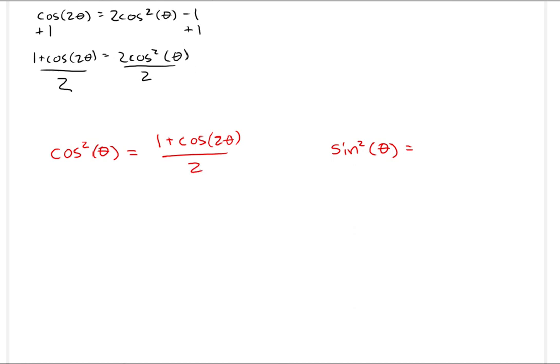And then the sine squared also comes from my double angle formula for cosine, but the one that involves just sine.